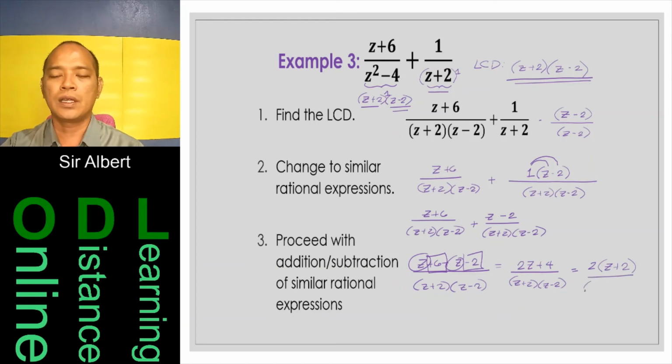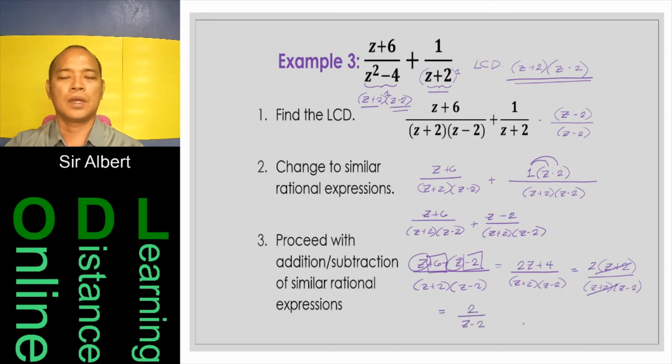All over z plus 2 times z minus 2. Now that things are in factored form, we can easily identify the existence of any factor common to both numerator and denominator. This we can cancel, so z plus 2 would cancel out. This would give us the remaining expression as 2 all over z minus 2. This is already the simplified form.